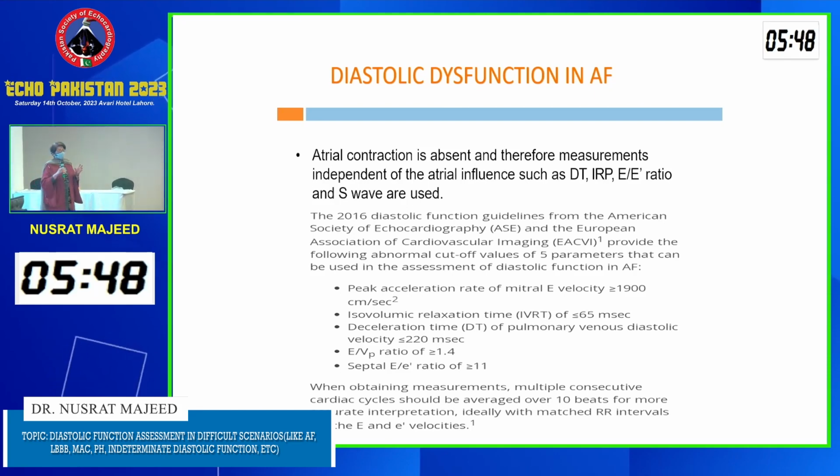There was a question this morning when the lady from Bangladesh was giving a talk about the number of beats. According to the American and European Societies of Echocardiography, you should measure at least 10 beats and then take the average.